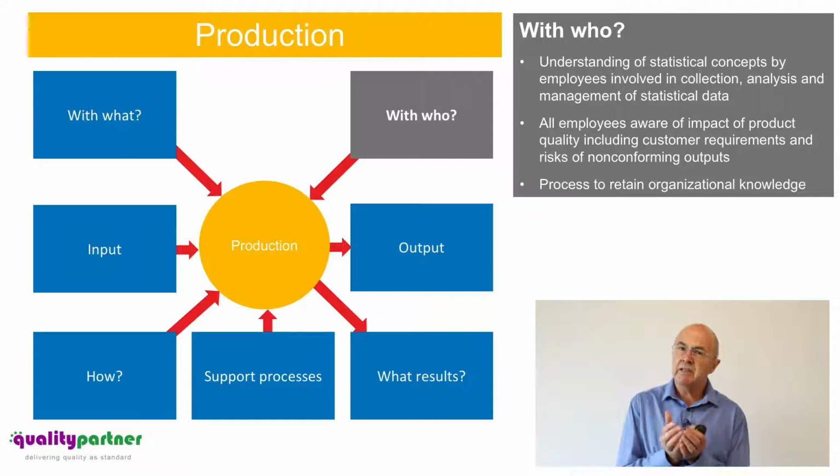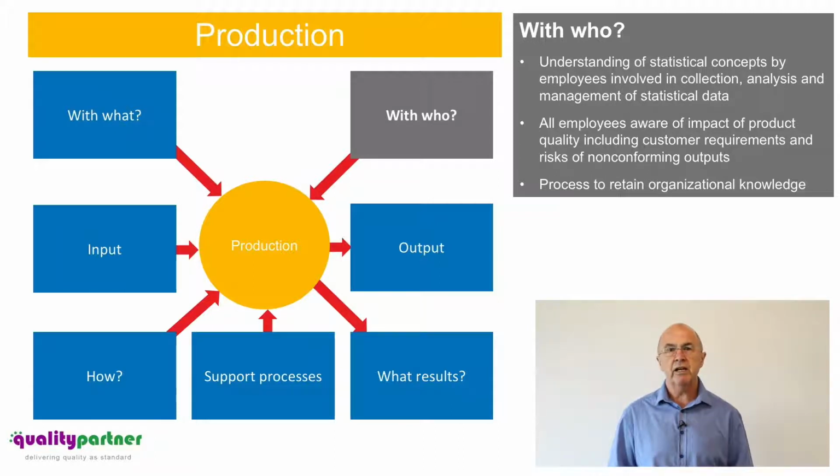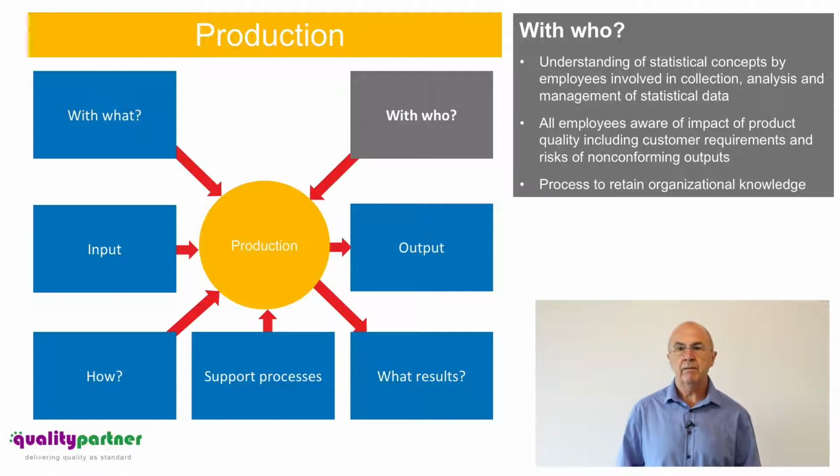So obviously this is particularly important if your organisation is making safety critical product, that the operator really does understand their role in making sure they've done all the checks that are specified within the control plan and the standardised work to make sure the product meets the requirement.